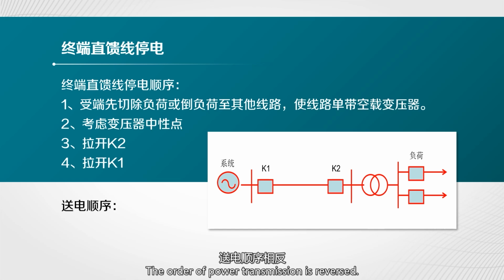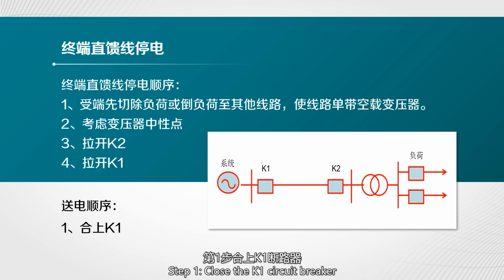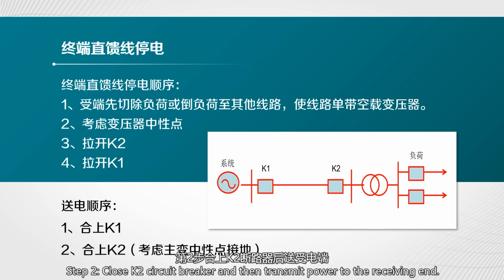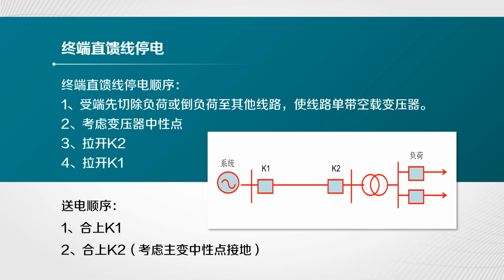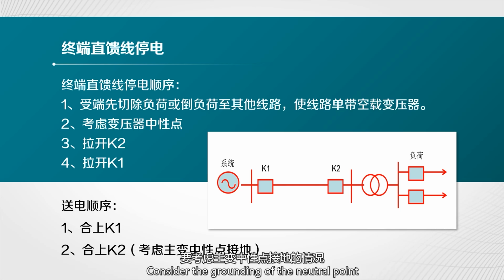The order of power transmission is reversed. Step 1. Close the K1 circuit breaker and transmit power to the power supply end first. Step 2. Close the K2 circuit breaker and then transmit power to the receiving end. Consider the grounding of the neutral point of the main transformer.